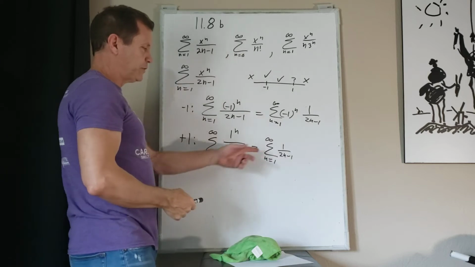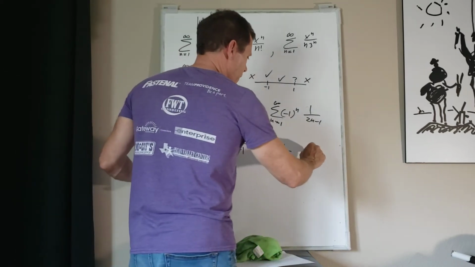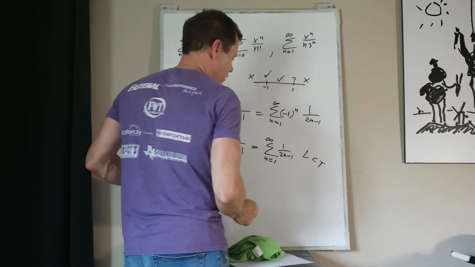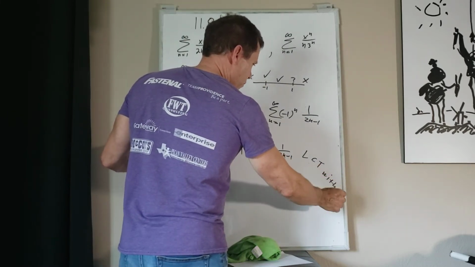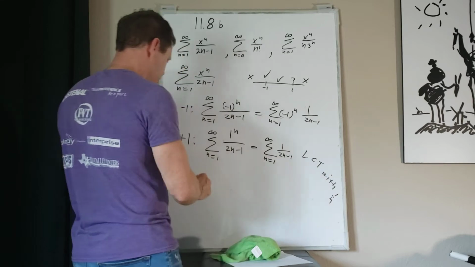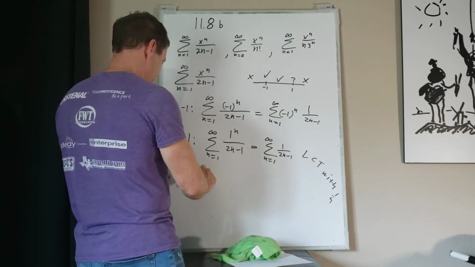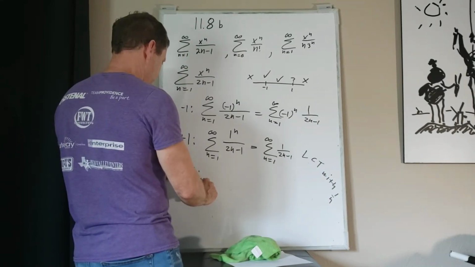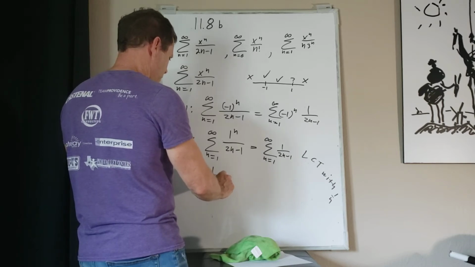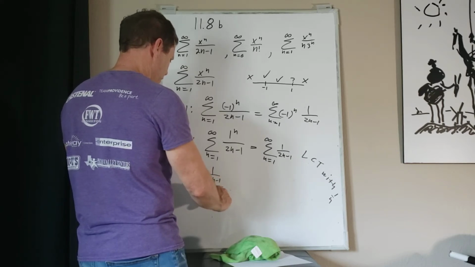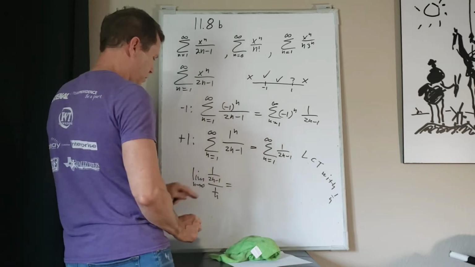Let's do the limit comparison test with 1 over n. Okay, so let's look at the limit as n goes to infinity of 1 over 2n minus 1 divided by 1 over n. What's that going to equal?